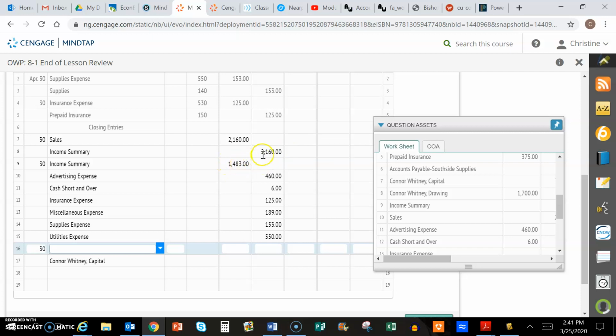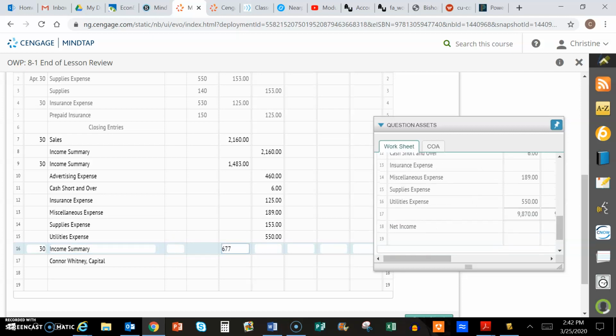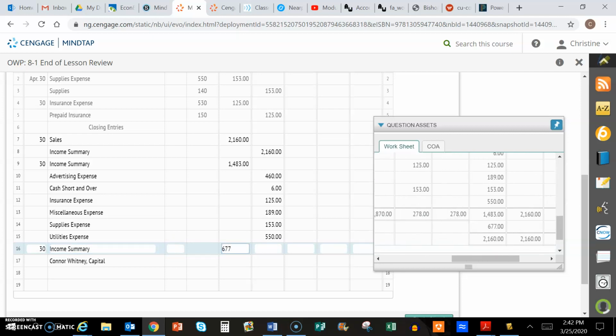I subtract the two, I get the 677, but it would have a credit balance. So in order to close that credit balance, I would have to debit it. So I'm going to debit income summary for the 677, which I see right there. And I'm going to increase capital with a credit of 677 right there.